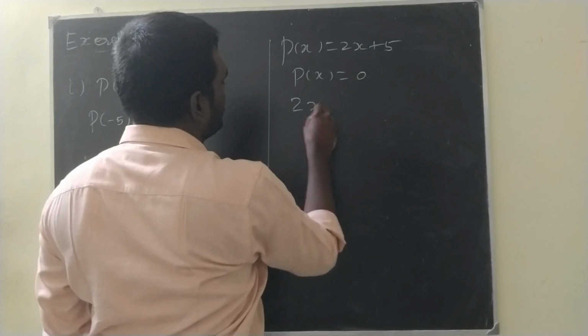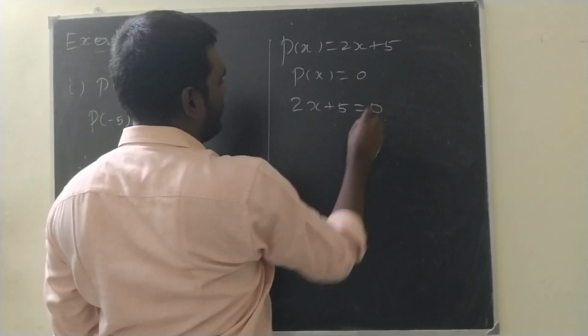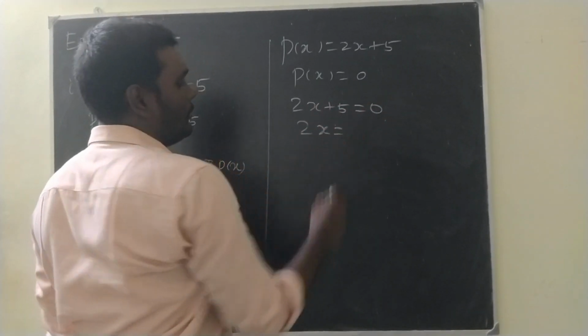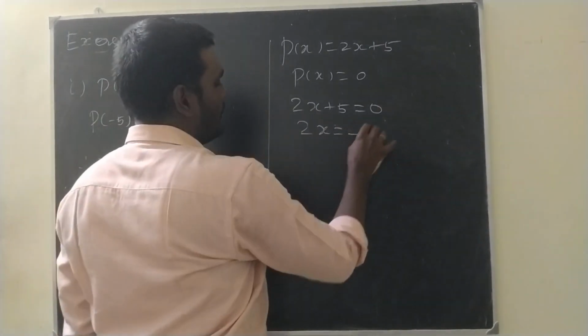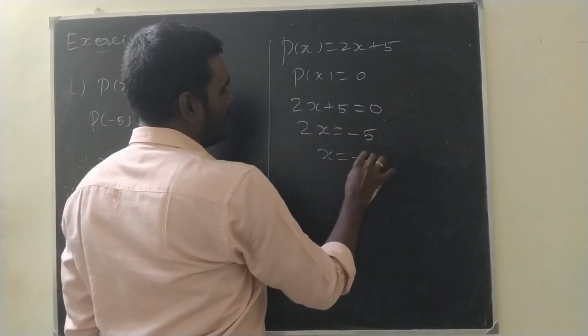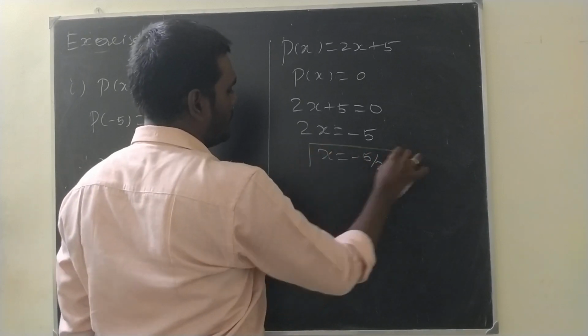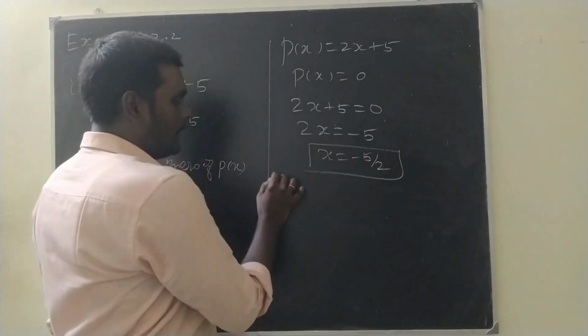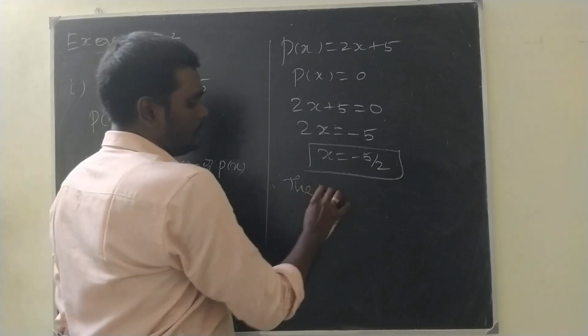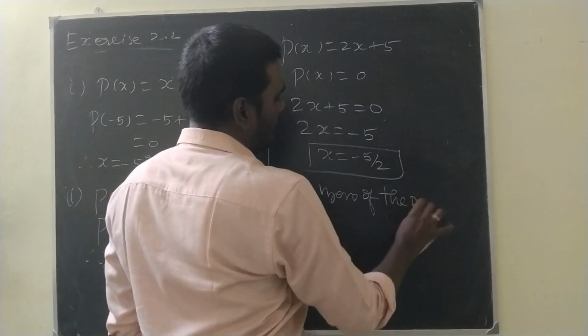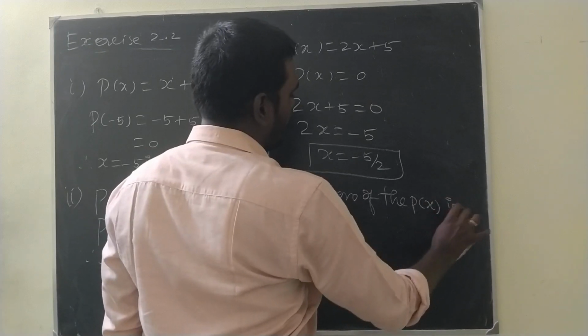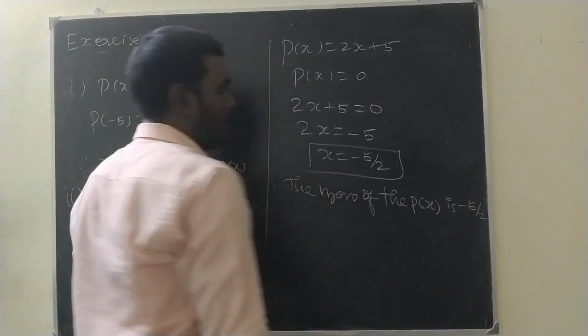What is P of x? 2x plus 5 equals 0. That will give you 2x is equal to, this 5 transposed to the other side, it is minus 5. And x equals minus 5 by 2. So, the zero of the polynomial p of x is minus 5 by 2.